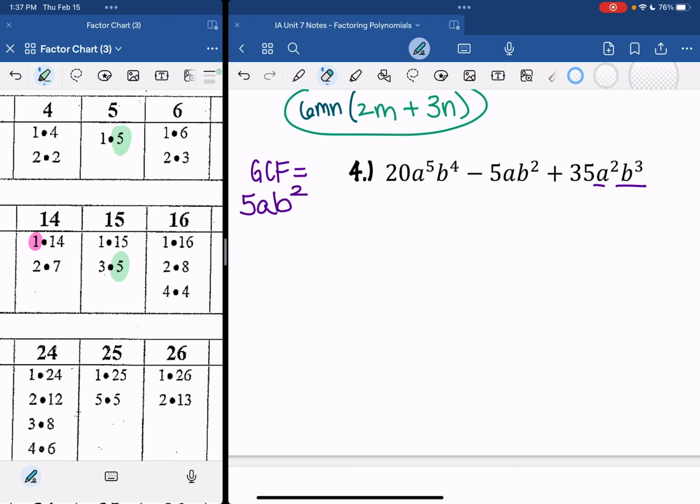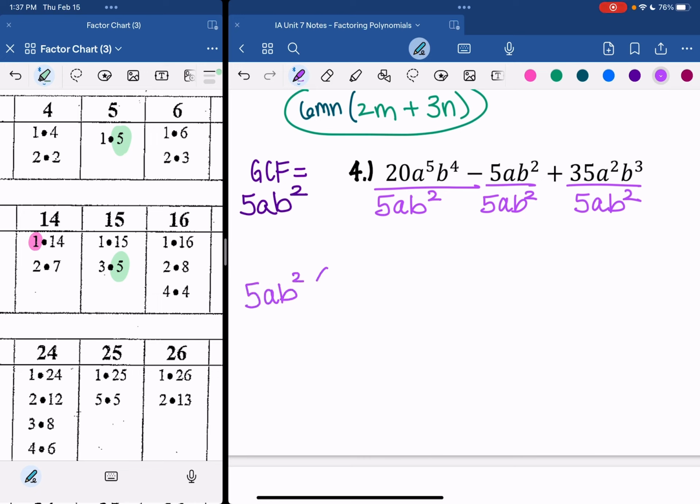So now we're going to divide everything by 5ab squared. So we have to put 5ab squared in front of our parentheses.